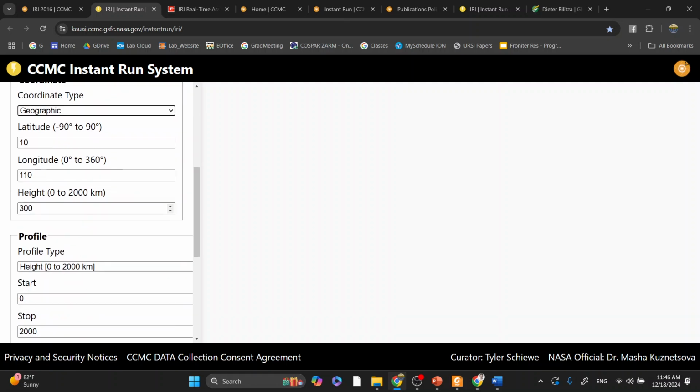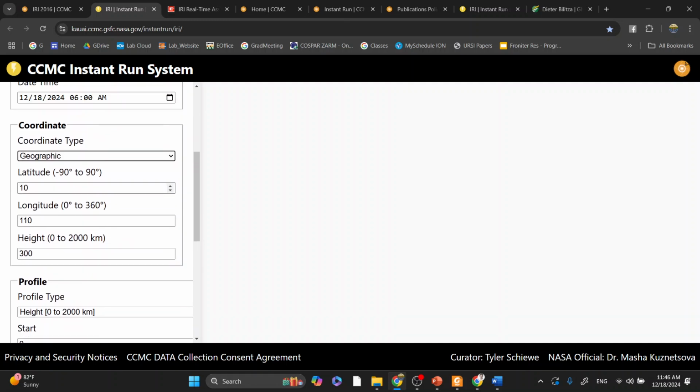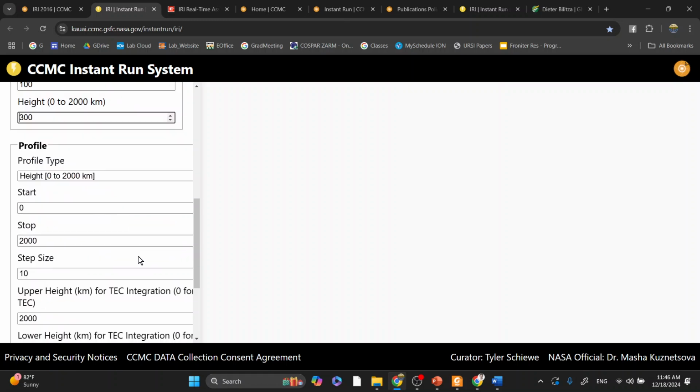So here you can put in latitude and longitude. Where are we? What latitude? About 13.7, right? Longitude about 100. Height depends on what you want, but you can also put the range at the bottom.